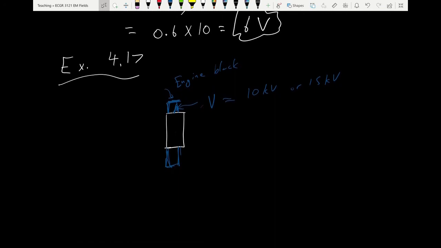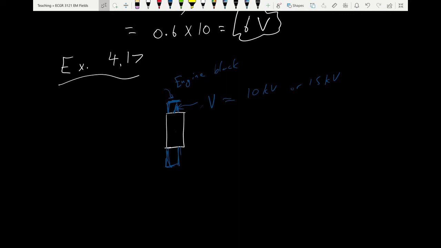So assuming this is air, right? What you need to generate the spark is to break down the air, right? That's what a spark is. It's plasma. It's like the nucleus and the electrons in the air. They break apart and we get a plasma, right? It's a breakdown mechanism.